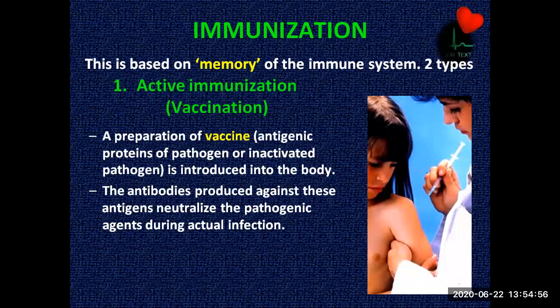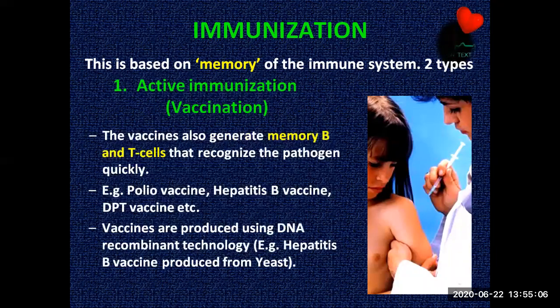The antibodies produced against these antigens neutralize the pathogenic agents during actual infection. The vaccines also generate memory B and T cells that recognize the pathogen quickly, like polio vaccine, hepatitis B vaccine, DPT vaccine. The vaccines are produced using DNA recombinant technology, like hepatitis B vaccine produced from the yeast.